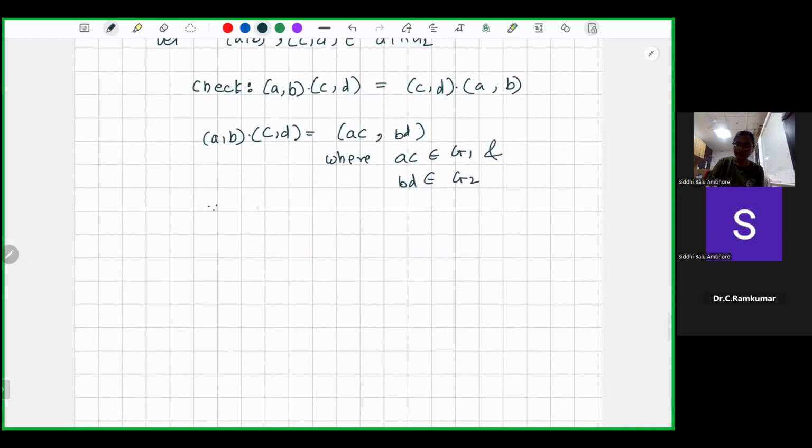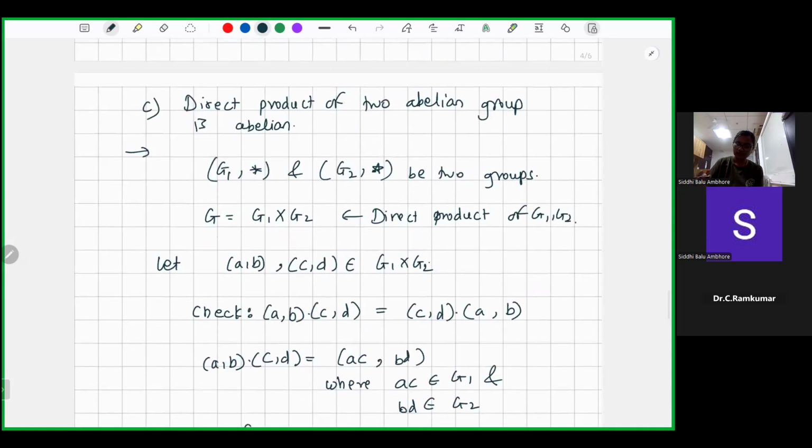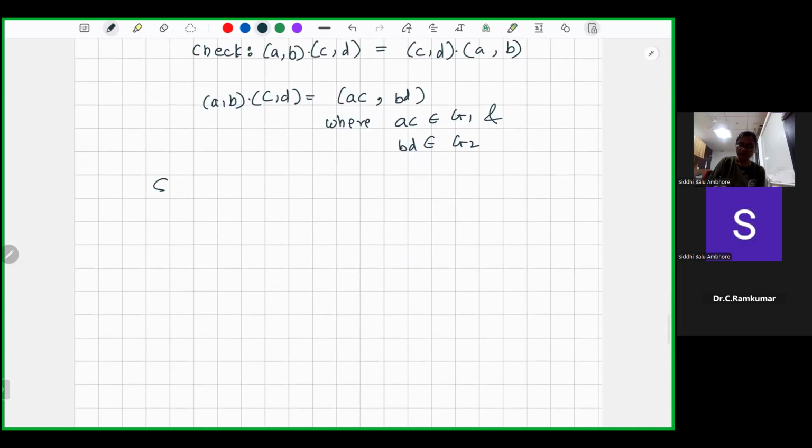But since G1 and G2 are abelian, this implies that ac is equal to ca and bd is equal to db.